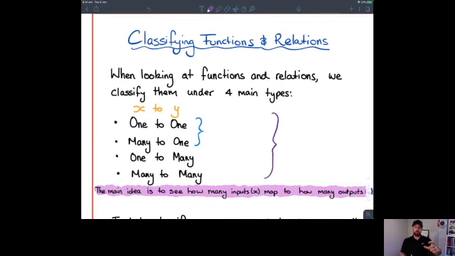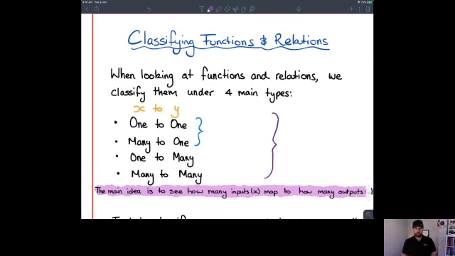And once we know they belong to a family, we know that there are further sets of features that may apply to those shapes. But by just knowing the number of sides, it gives us an idea quickly of what kind of extra features belong to them, what kind of other mathematics belongs to it that will be of use to us. And the same thing here with classifying functions and relations into one of these four categories.